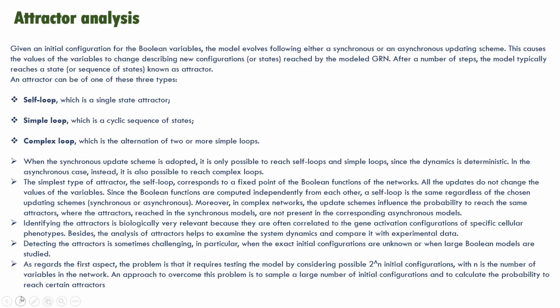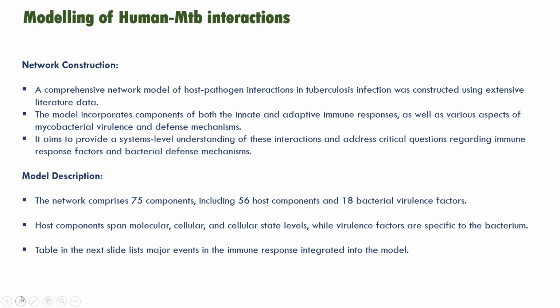An approach to overcome this problem is to sample a large number of initial configurations and to calculate the probability to reach certain attractors. We'll see how these attractors work in that example, but this is the general idea of what the attractors are. Okay, now we move into one example, which is the bonding of the human and the Mycobacterium tuberculosis virus.